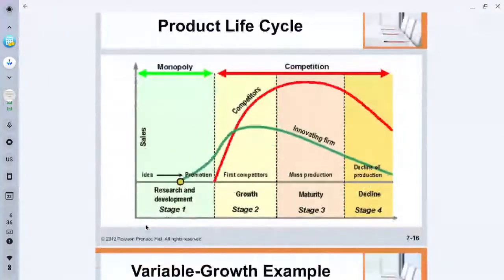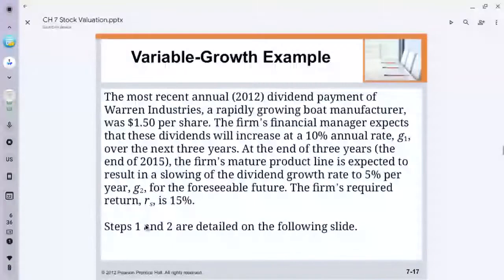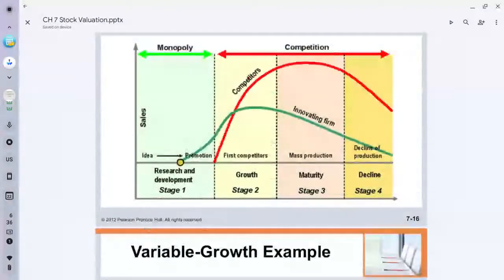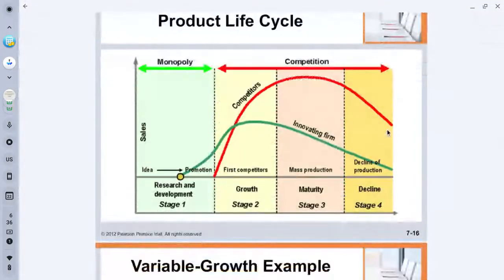Or the multi-step model. The reason for that is, I'm going to skip the product life cycle, but you can tell products go through a life cycle.